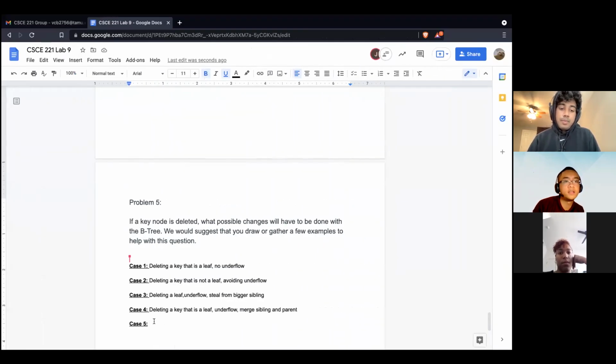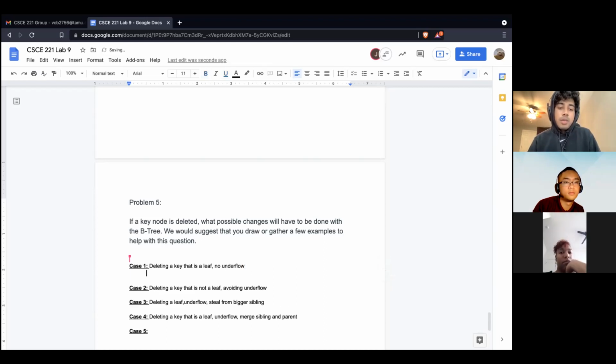Then case 5 is multiple of the other cases. Wait, where is case 5? It's not specified, or I guess it's technically in deletion. It's always the leaves really. I'll leave that as it is for now, and then we can figure it out as we type it. Okay, so let me scroll back up to case 1.